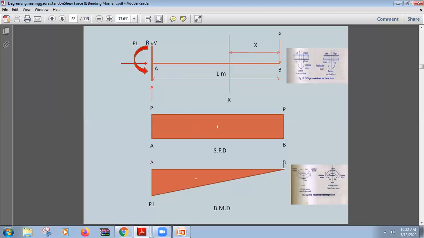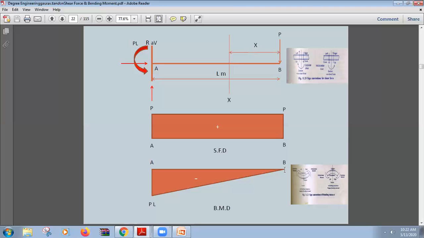So what we have done, we have taken point B as 0, we have drawn a baseline AB, and we all know that the bending moment is negative. At point B it is 0.